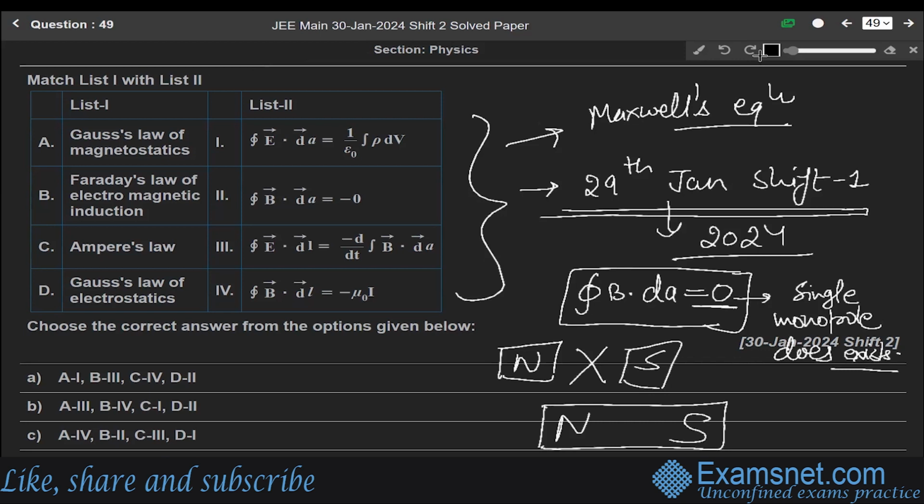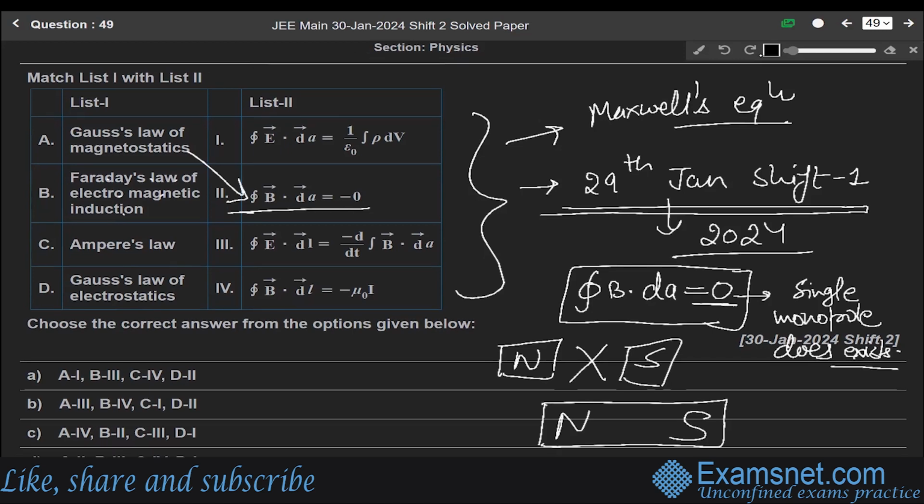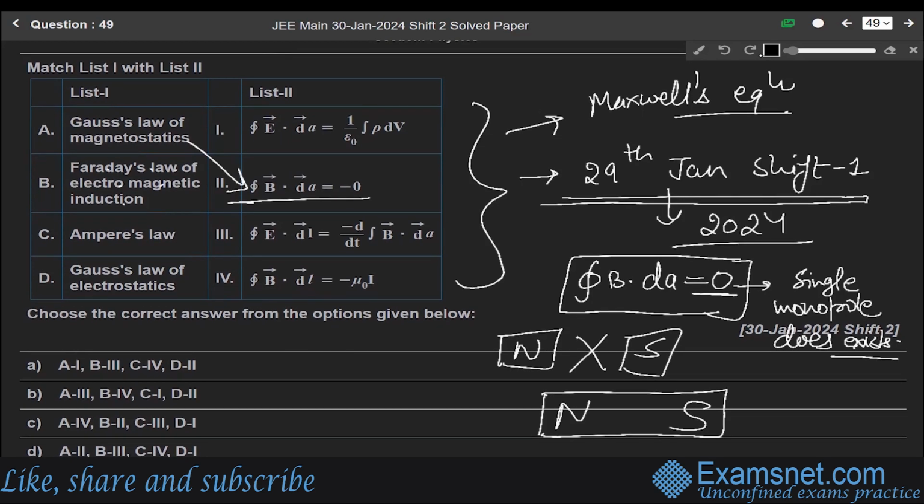And so this A matches with the second. Now B is Faraday's law of electromagnetic induction. What is this law?